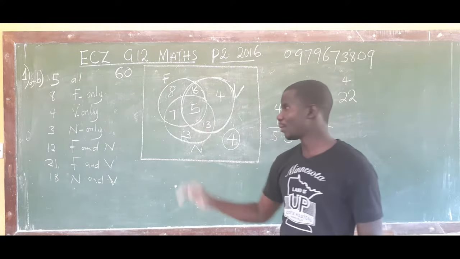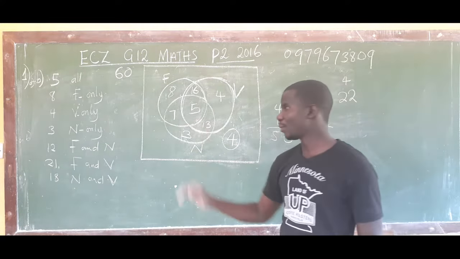Then the next one is 3 comma 0.35. 1, 2, 3, 4, 5. This one here. Then we have 4 comma 0.46. 1, 2, 3, 4, 5, 6 here.